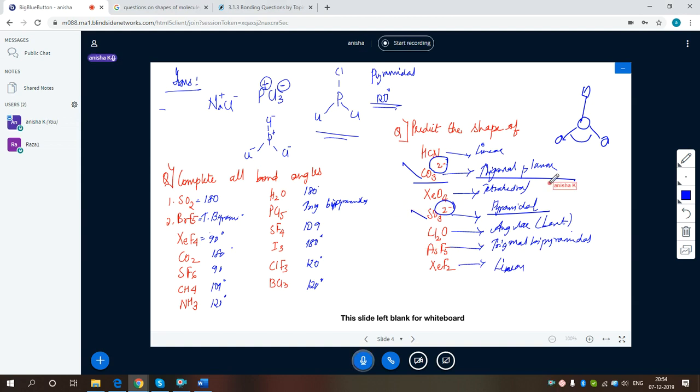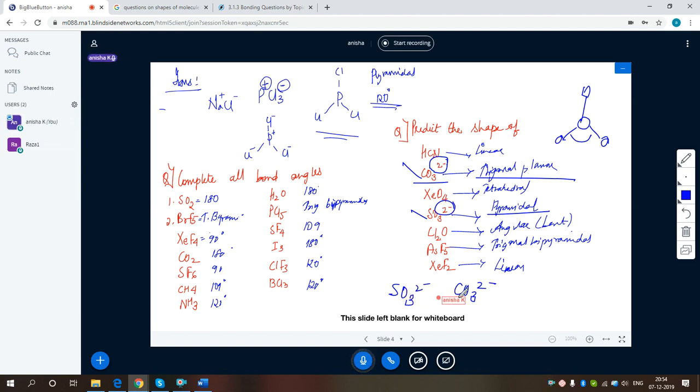So you understood here? See, what I was telling you is, both of them have a similar kind of structure, SO3 2- and CO3 2-. This is carbonate, this is sulfite.